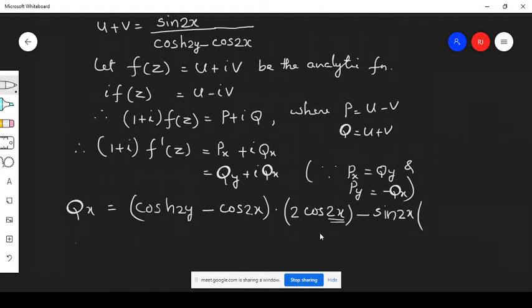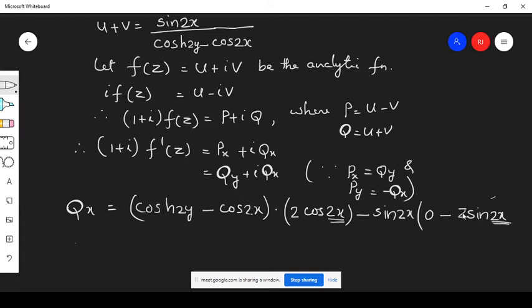Derivative of cosh 2y is 0, since it is constant with respect to x, minus cos 2x derivative is minus sin 2x, and the derivative of 2x is 2.